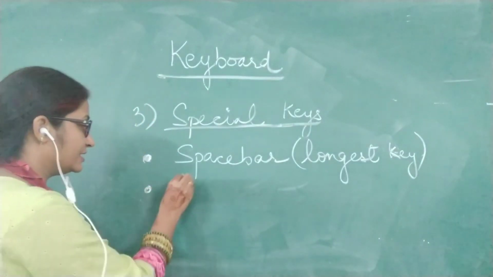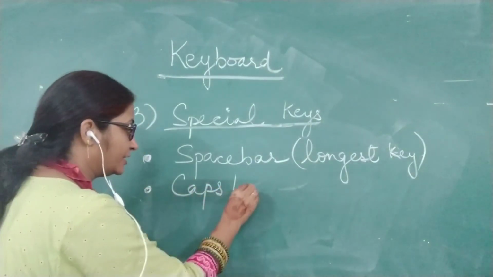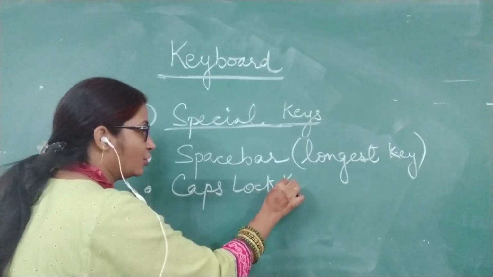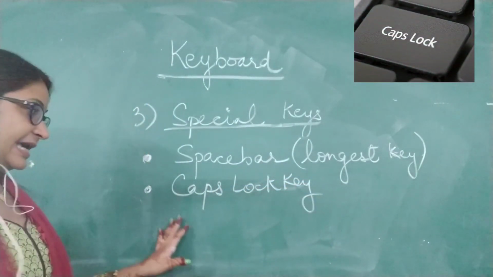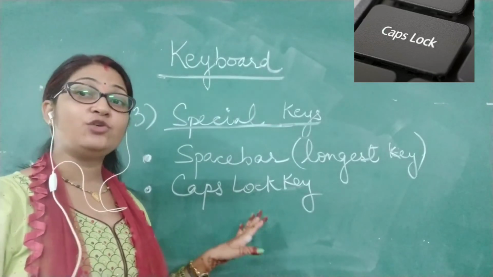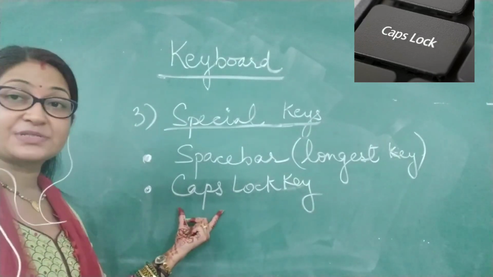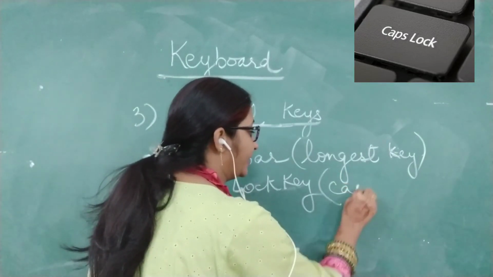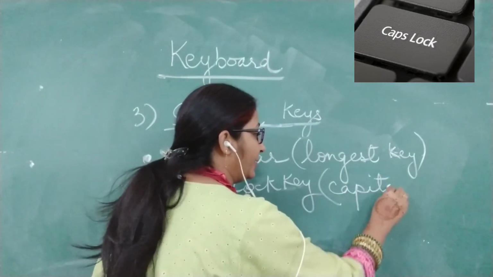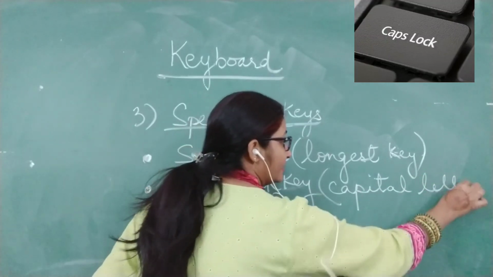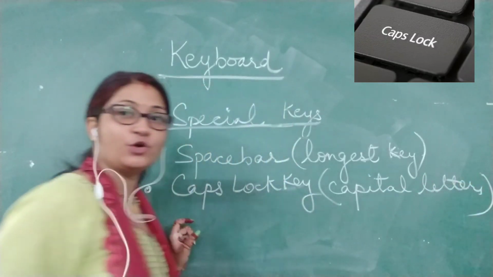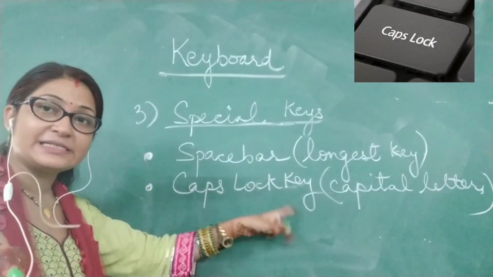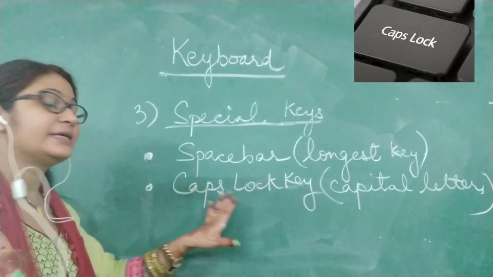Next comes the caps lock key. Now try to memorize it by this word, caps. This is used to make the alphabets capital. It is used to type your alphabets in capital letters. If you want to type your alphabets in capital letters, then make use of the caps lock key.